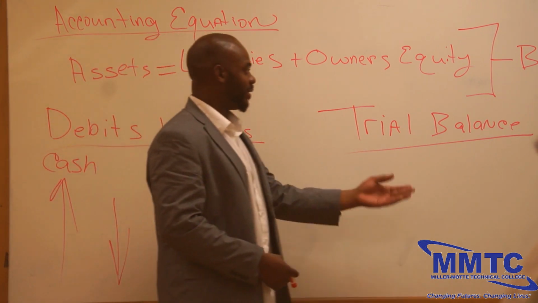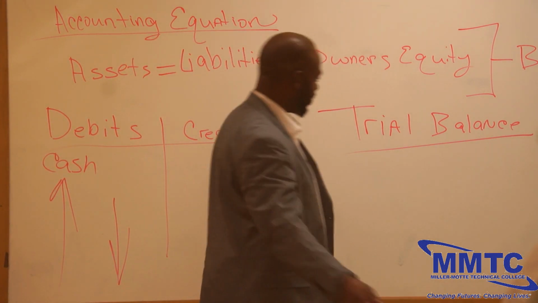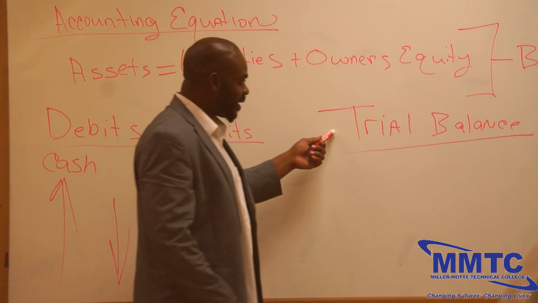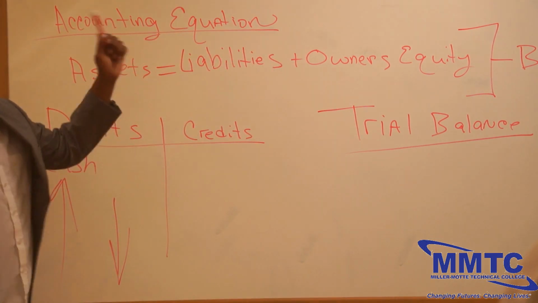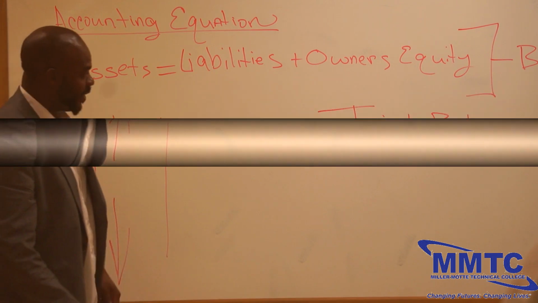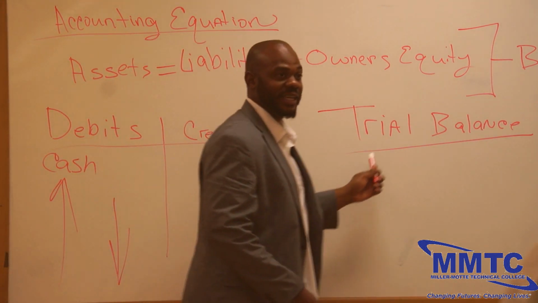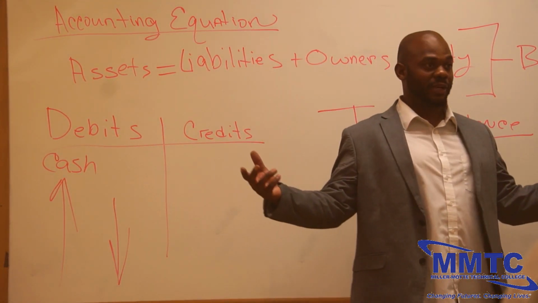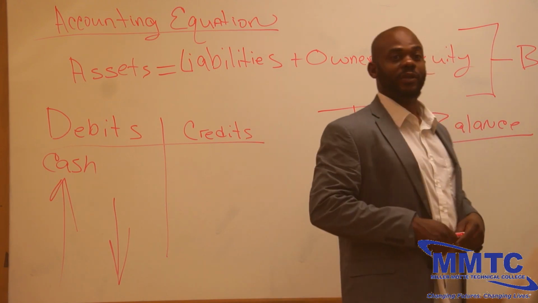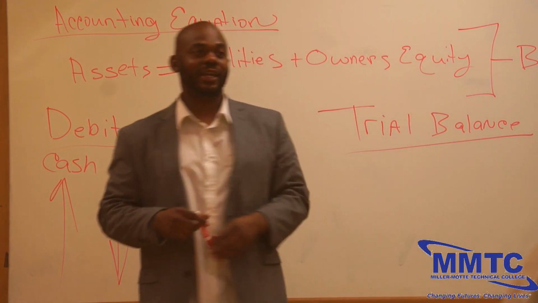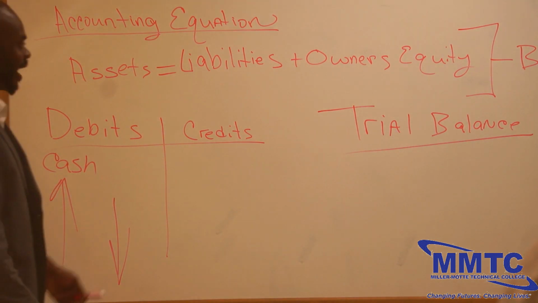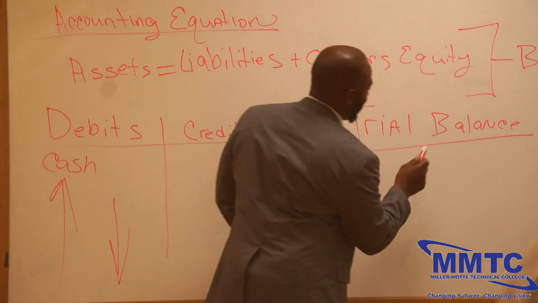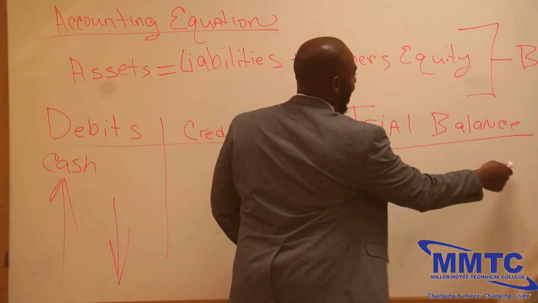The trial balance is a statement that houses all the accounts for the company or the business. The debits and the credits have to equal. That lets us know that the trial balance is right and intact when the debits and the credits equal.